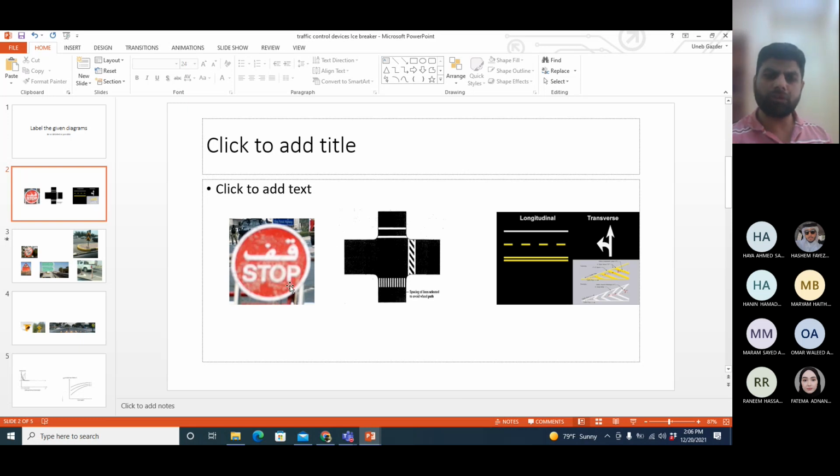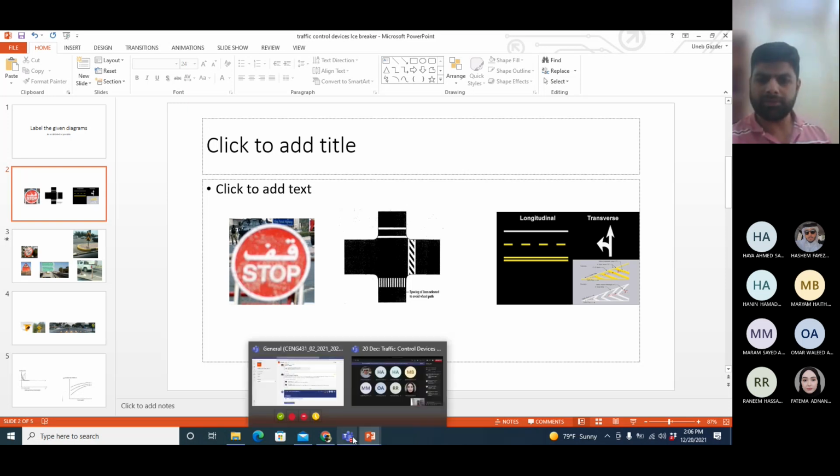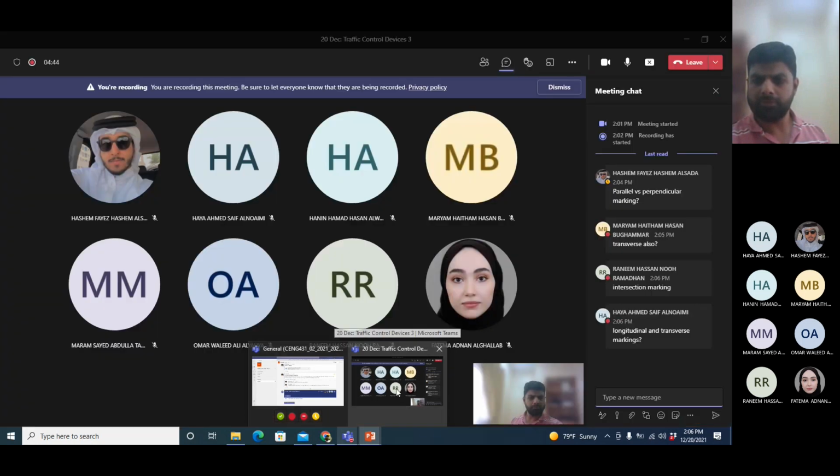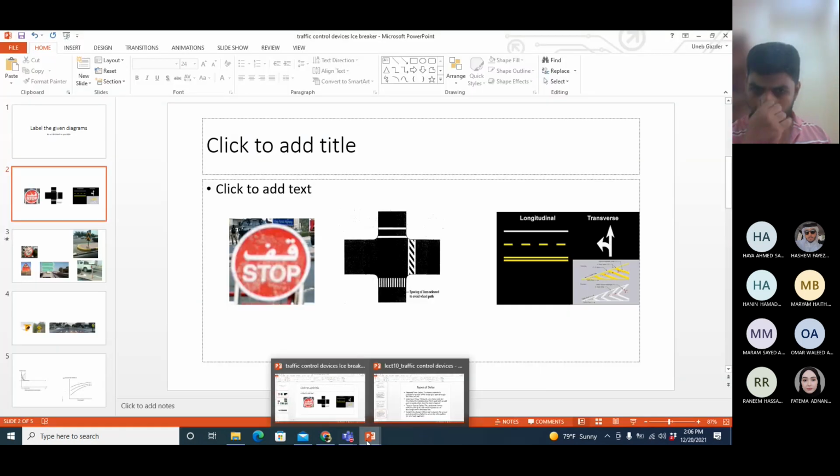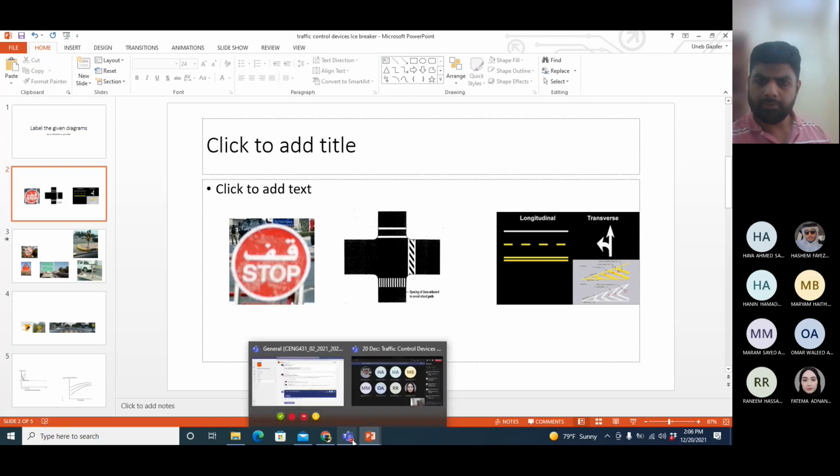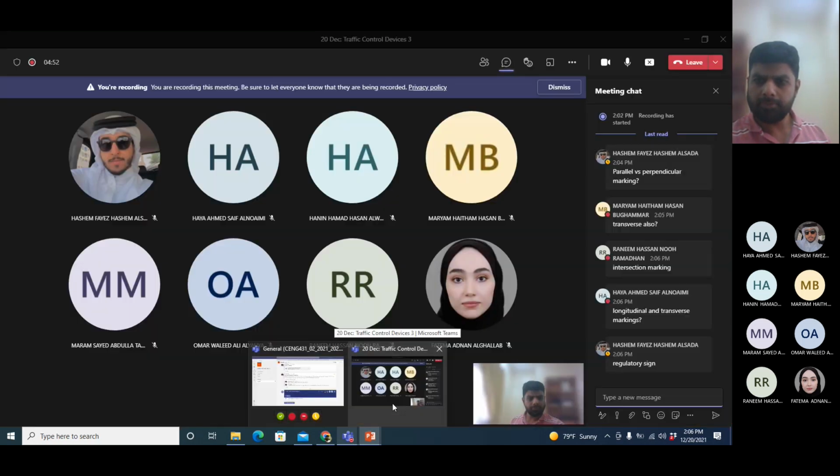What about the picture on the left hand side? What does it show? This picture, the left hand side, what does it show? It's a regulatory sign, yes. It's a regulatory sign. Stop.